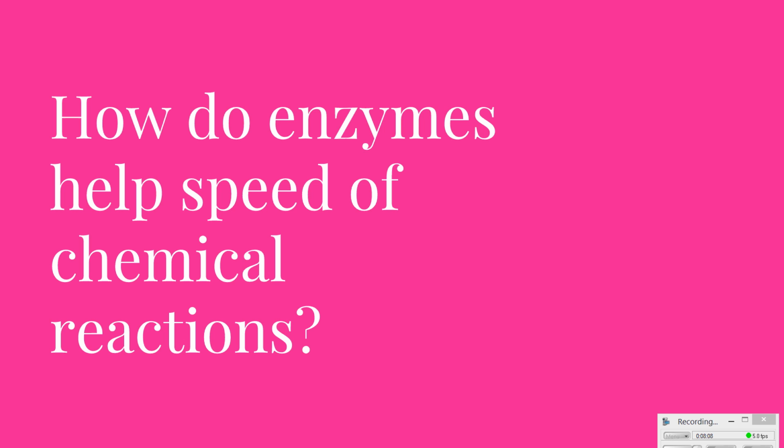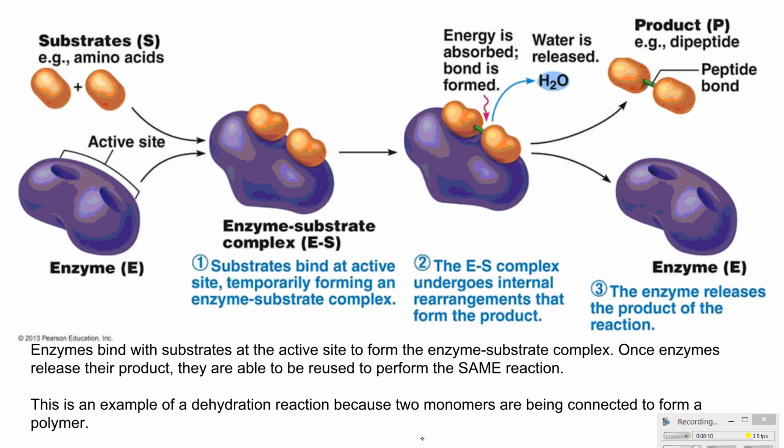So what is an enzyme going to do? Well, by having this enzyme in your body bind with these two substrates and then connect them together, it lowers the amount of energy needed to get this product made. Now these substrates don't have to be moving at an incredibly fast speed to produce this product.